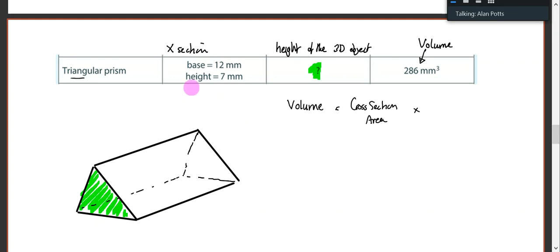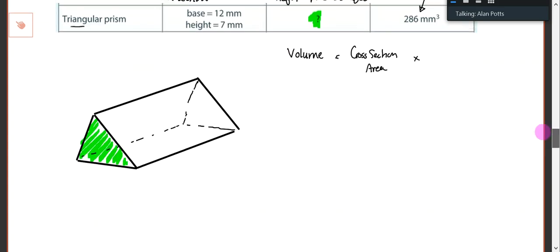Good question. Is this height, are you saying this height or this height? Okay, so just to explain, it's a very good question actually. If I draw it like this, the depth is this dimension here, because I kind of stand it up and then I go backwards. So that's why I call it the depth.